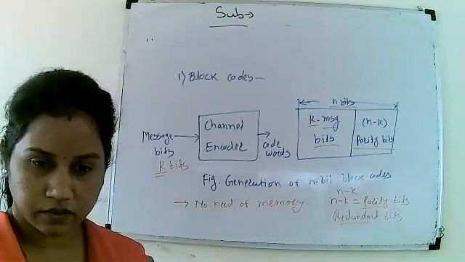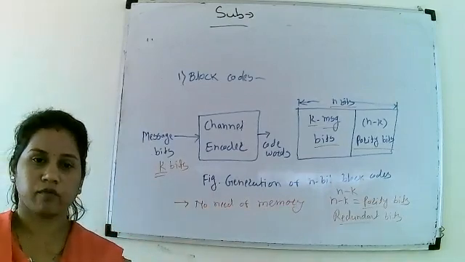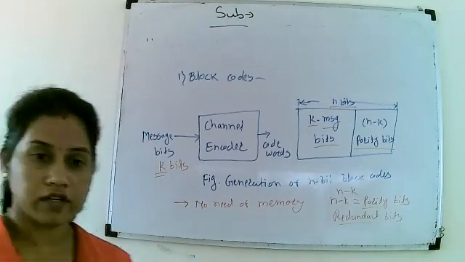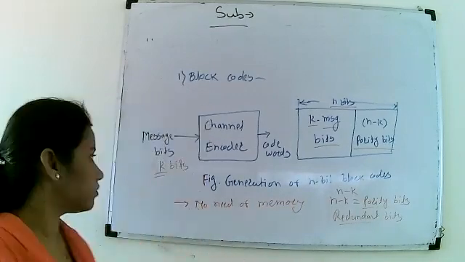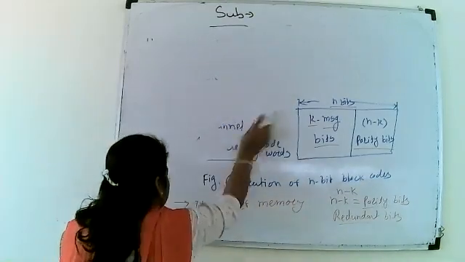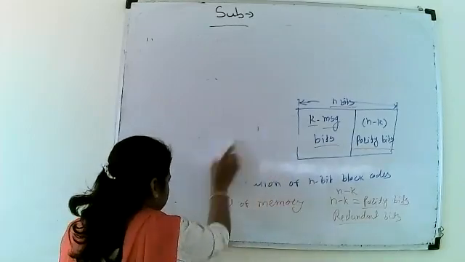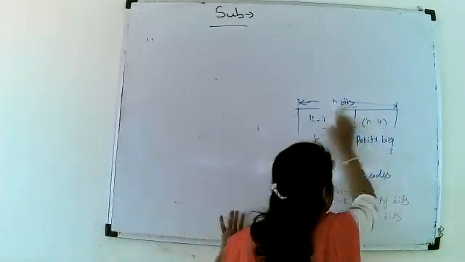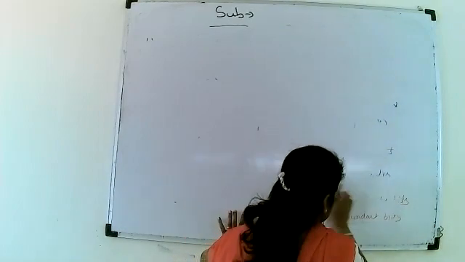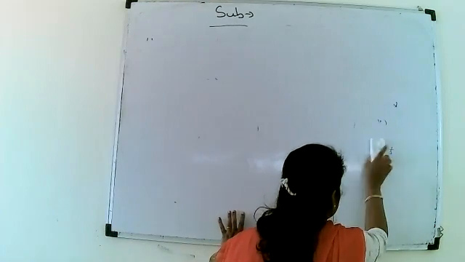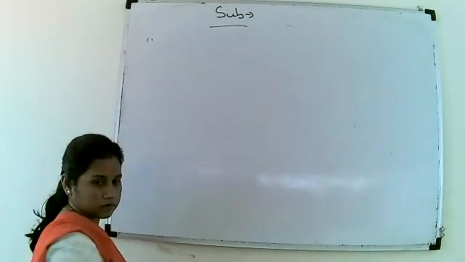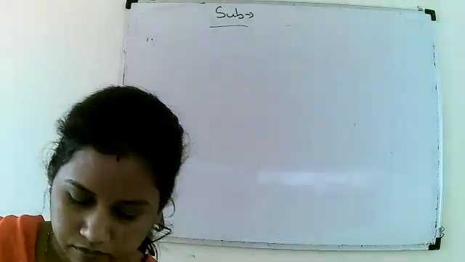Yes, understood? Now we will see the next type of error correcting code, which is called the convolutional code. What is a convolutional code?